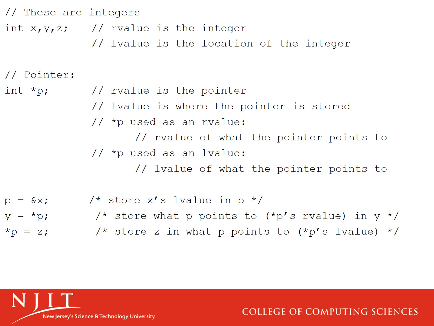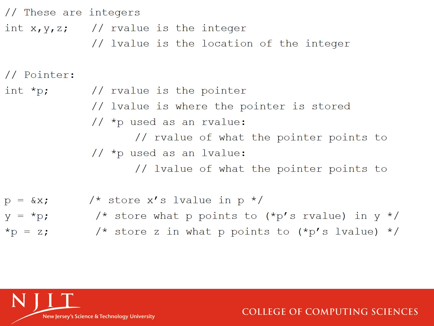Because pointers have this idea of a dual nature, that they are both a memory address and you might also care about what the memory address points to, we use this star operator. Okay, so star is the pointer dereference operator. If I say star P and I use it as an L value, that means that I am caring about what the pointer points to and I want to store something there.